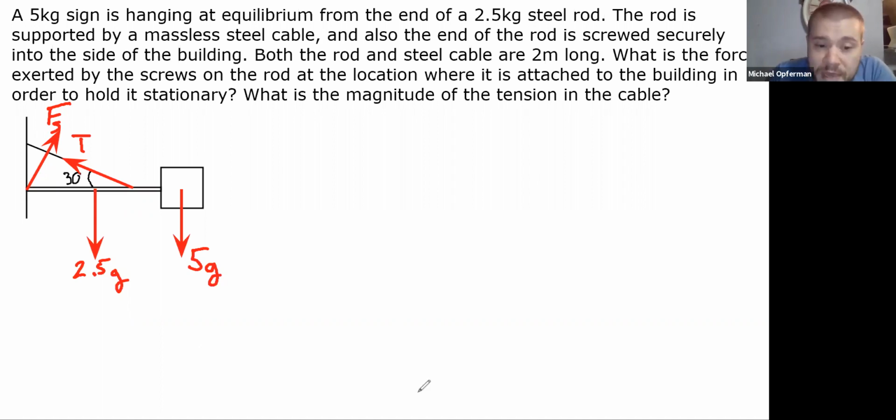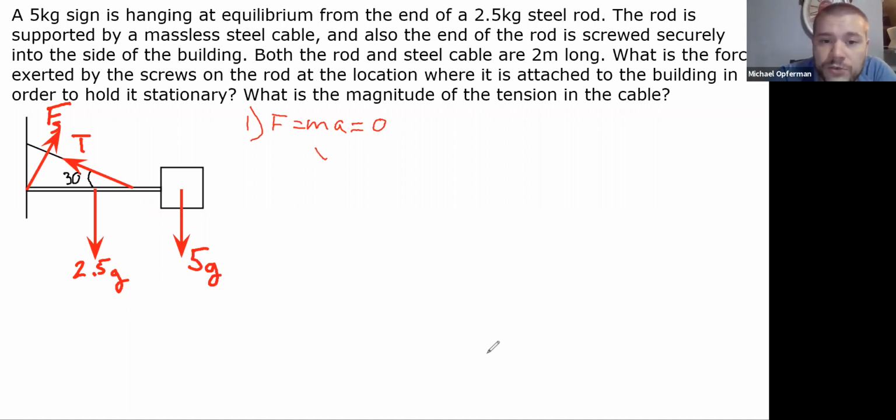Now, we begin the actual problem solving procedure. So if I want to approach this as a static equilibrium problem, the first thing I'm going to do is write down an F equals ma equation for this. So I'm going to have F equals ma equals 0 because the acceleration equals 0. And there's 4 forces acting on the system, but this is a 2-dimensional one.